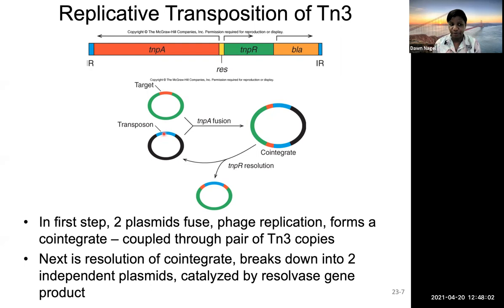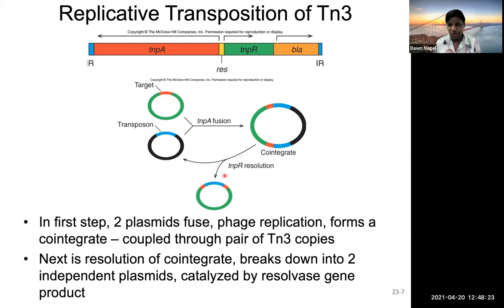So it's going from the original plasmid to the target location. And at the end of that event, you get back that original plasmid containing the transposon, and then one copy has gone into the target gene. Okay, so this is how the replicative method works in bacteria.